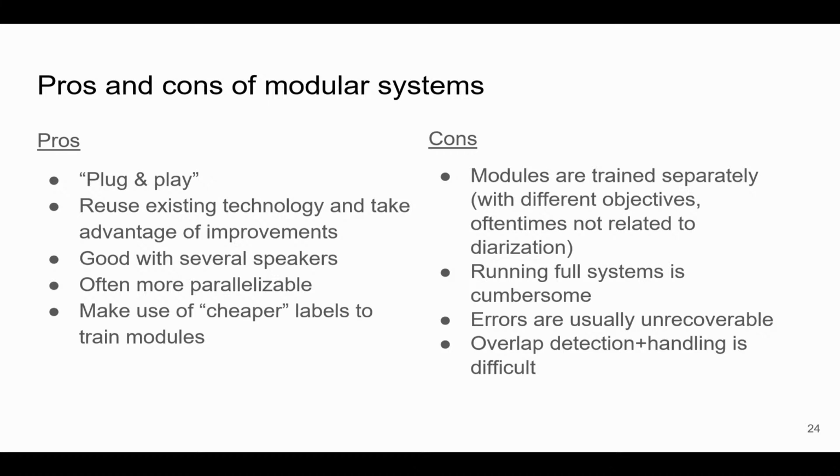And what are some of the disadvantages? Well, we commented that this plug and play and reusing technology is good, but at the same time, it's not so good in the sense that each of the modules is trained independently with different objectives, and maybe they are not the best for diarization. Think of voice activity detection for transcription.